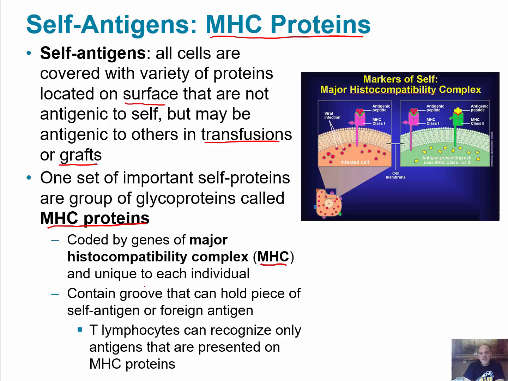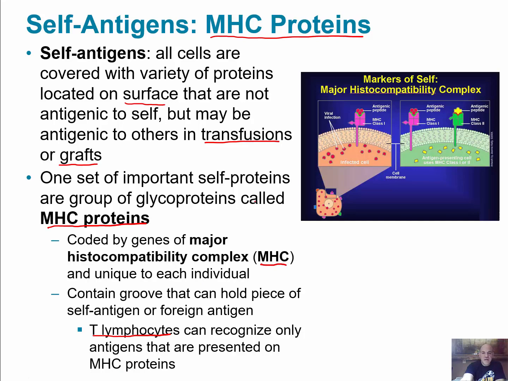They do contain a groove that will hold a piece of self-antigen or foreign antigen. And T lymphocytes, for example, can recognize only antigens that are present on MHC proteins. So a T lymphocyte is one of the white cells that can go and recognize antigens, but will only do so when they are presented on those proteins.